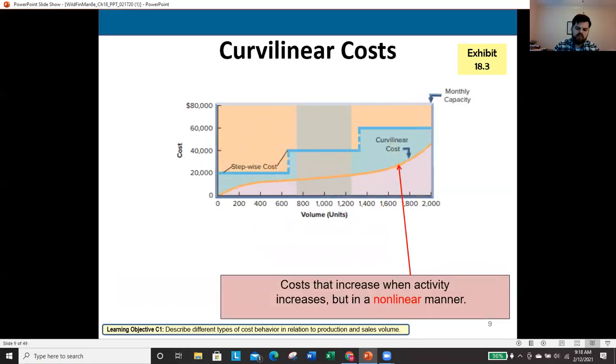Now, our last type of cost here is a curvilinear cost. So you'll notice a couple of things about this chart. On the left-hand side, so we'll actually draw this out real quick, to go from 0 to say 200 units of production, I need a very small increase in cost. It's a very small change. But on the other side, if I want to go from 1,800 units to 2,000 units, you will notice a dramatic change in the level of cost.